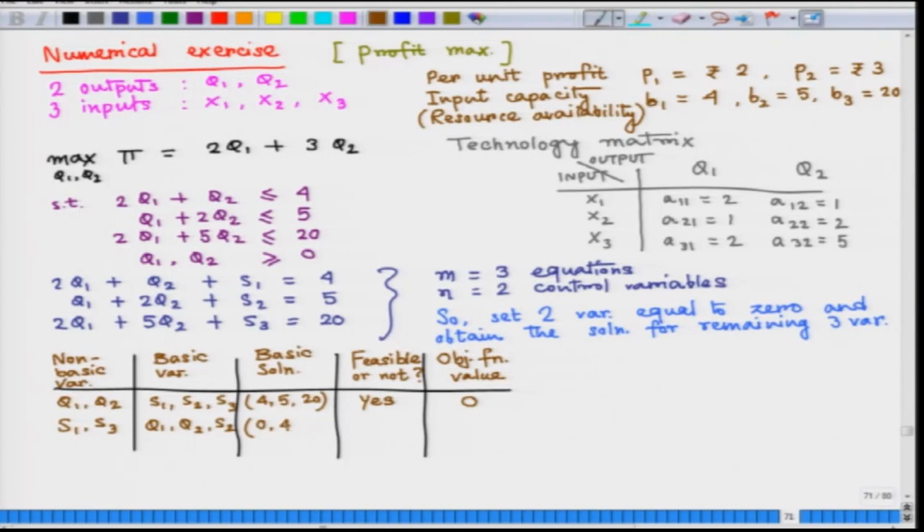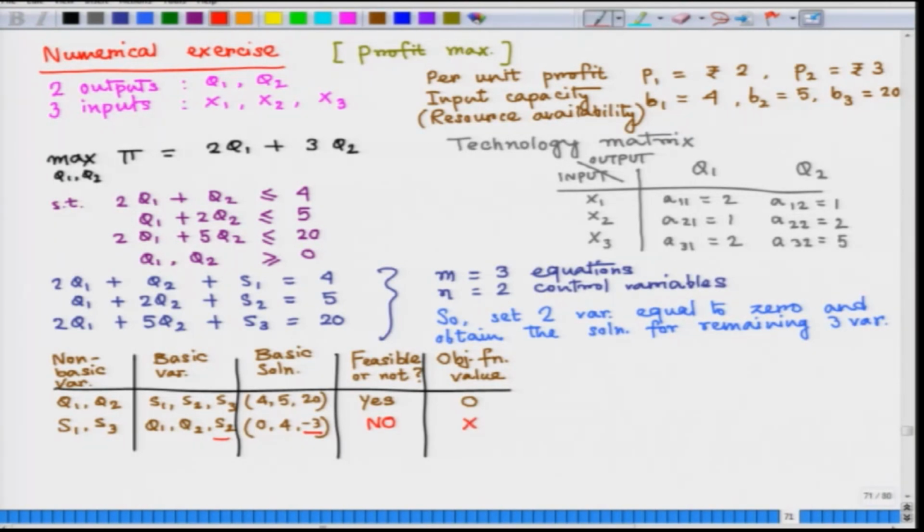Basic solution would be 0, 4, minus 3. Now, note, is this a feasible solution or not? No, because for the slack variable S2 we obtained a negative number here, which is not permissible, right. So, this solution is not feasible, and as it is not feasible, there is no need to compute the objective function value. So, we will not compute it.